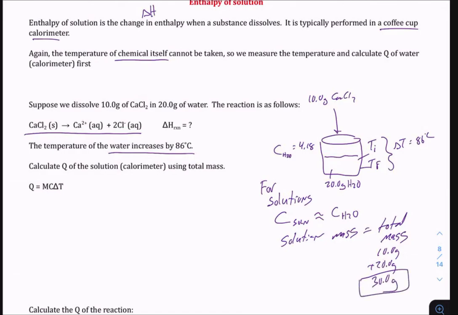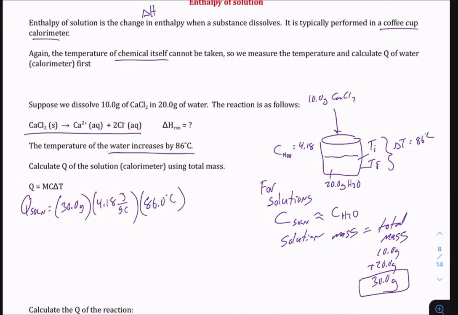All right, let's calculate this. Q of solution. What is the mass of the solution? 30 grams. What did we say the approximate specific heat of the solution is? Same as water. What is our temperature change? It's 86 degrees.